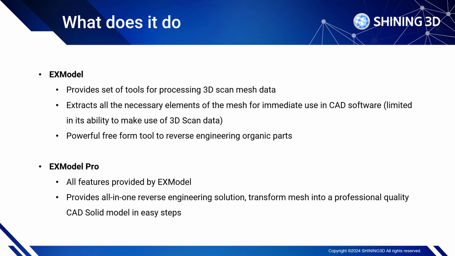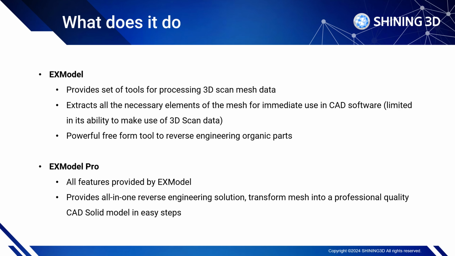And then for the Pro version, not only do you get all the basic version functions, you can also do a lot of useful modeling functions based on the features that you have.